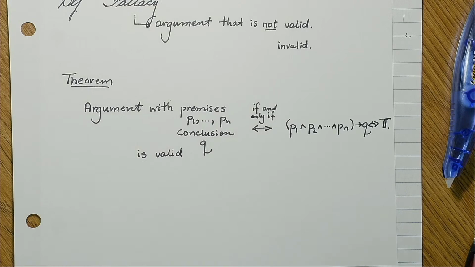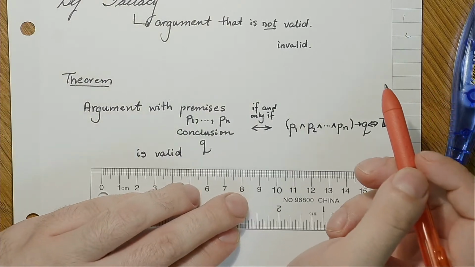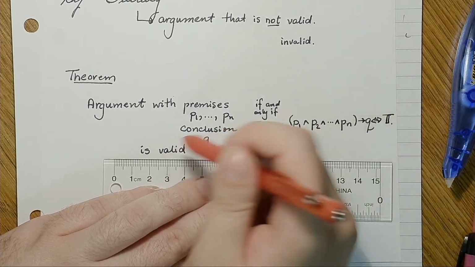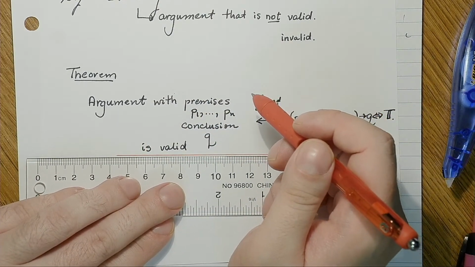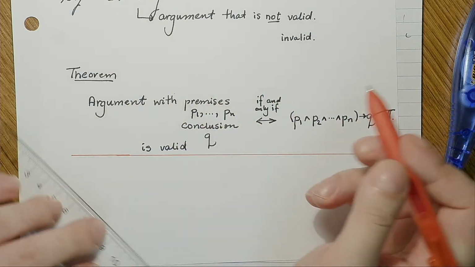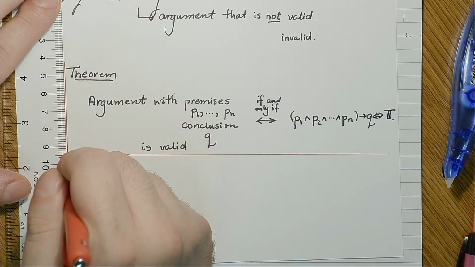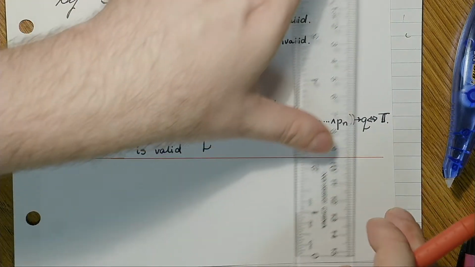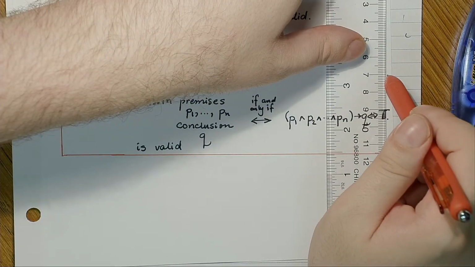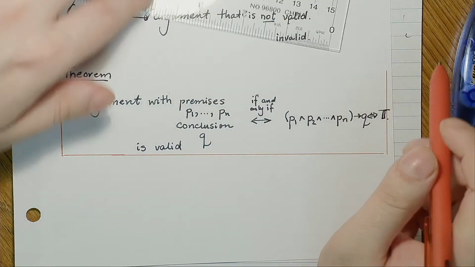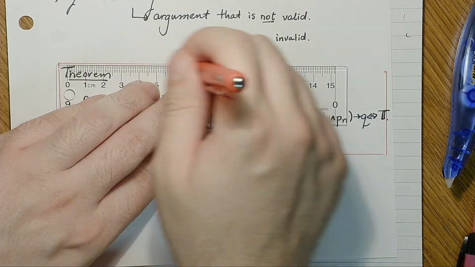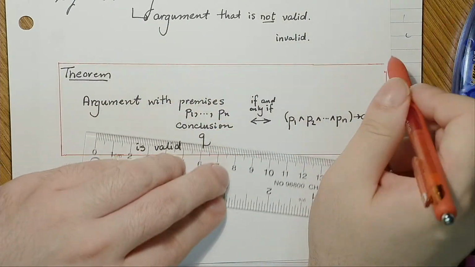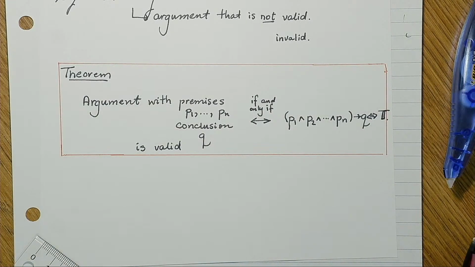So that's one way of saying this. Put a box around this. It's kind of important.